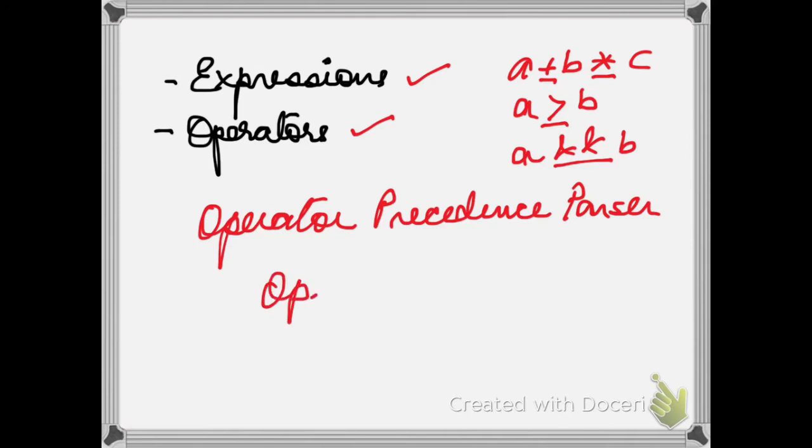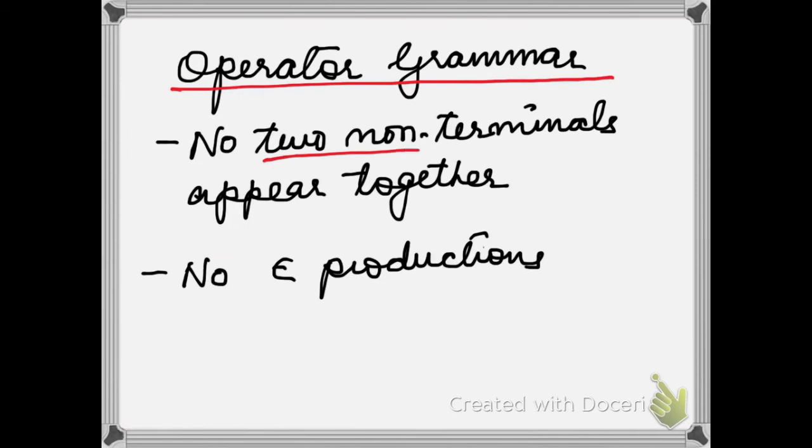The type of grammar which relates to these expressions and operators is known as an operator grammar. An operator precedence parser will work only on operator grammar. So what is this operator grammar? It is a grammar which follows two simple rules.